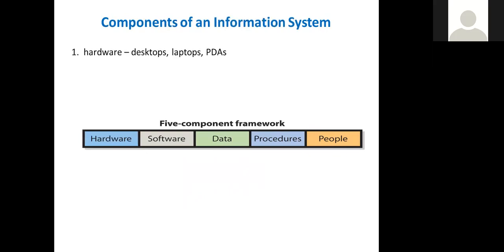So when you are talking about hardware, you are looking at the physical devices, like desktop computer, laptops, mobiles, and other devices. Software, you're talking about operating systems like Windows, Mac, server operating systems like Linux and others.